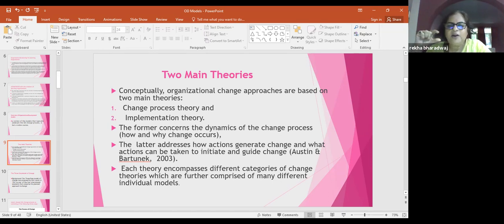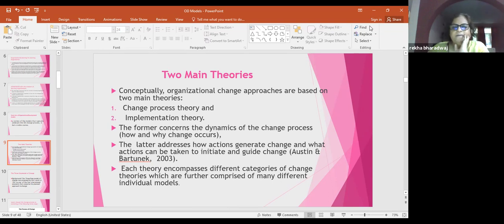And the second part of it is implementation theory, that is, how am I going to implement this process, and then going ahead with implementing the process. So the latter addresses how actions generate change and what actions can be taken to initiate and guide change.